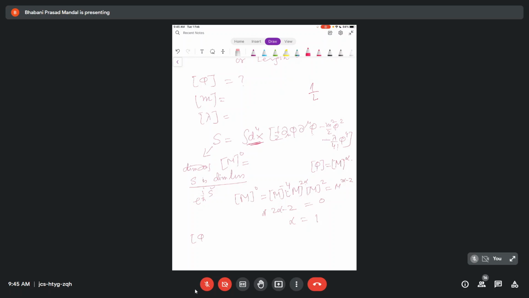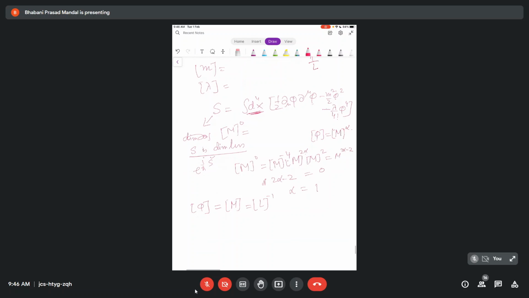So now we found that the dimension of phi is m to the power 1, or L to the power minus 1. Now considering the second term, the dimension of phi is known, and I will find the dimension of m.